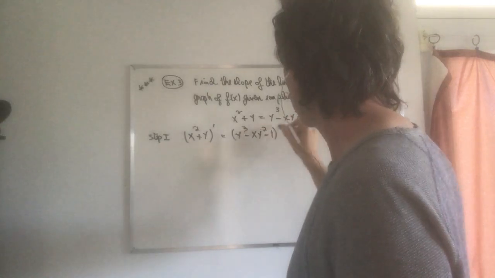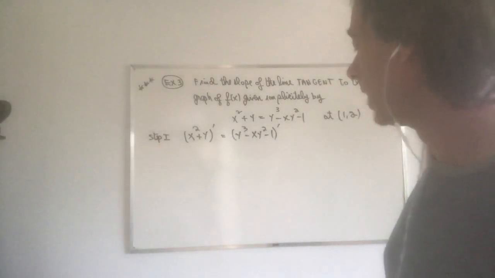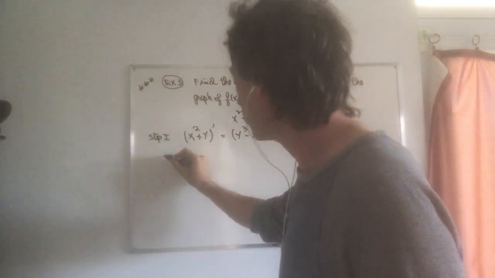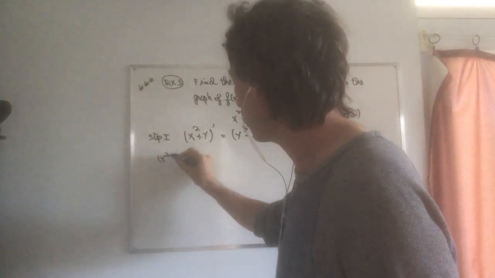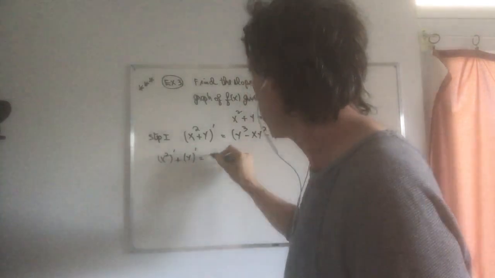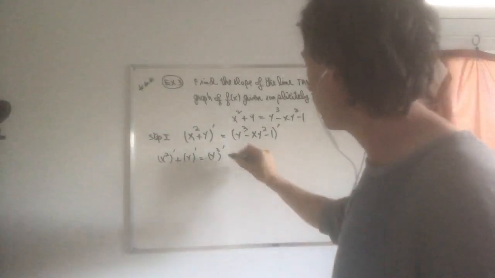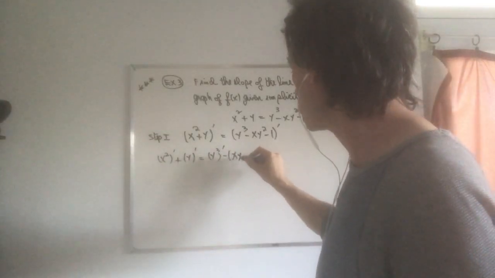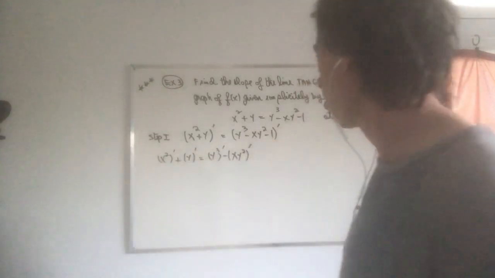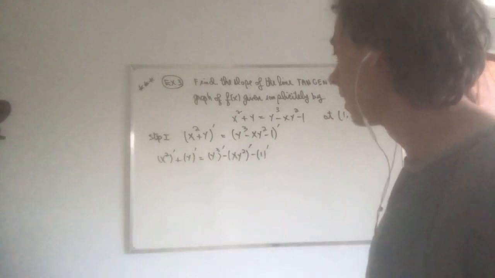So that would be x squared prime plus y prime is y cubed prime minus xy squared prime minus 1 prime.